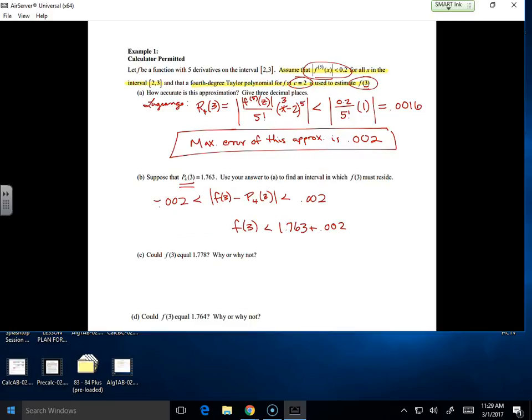Can we leave it like that? Yes, if we have a numerical expression, remember, you can always leave it. But technically, if you want to know what that would end up being, f of 3 is in between 1.761 and 1.765.